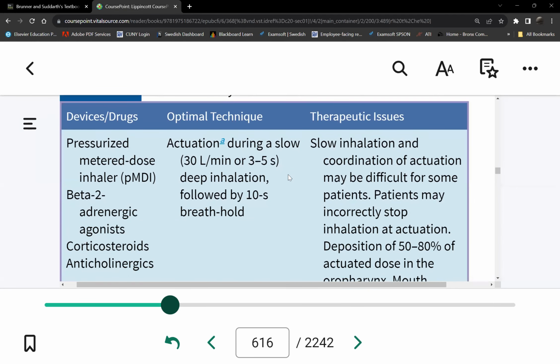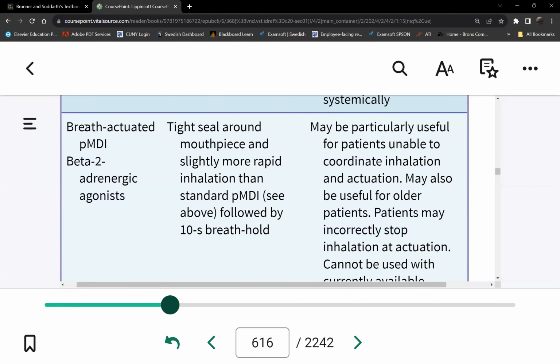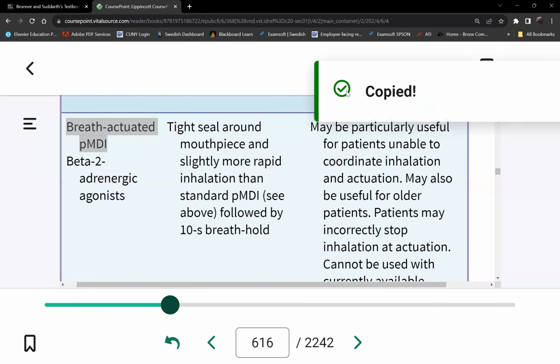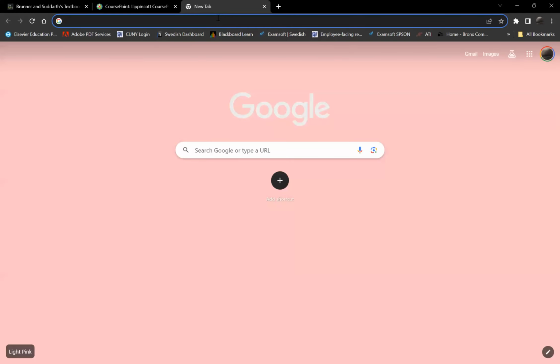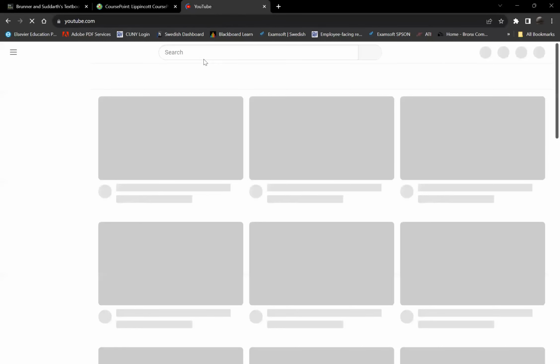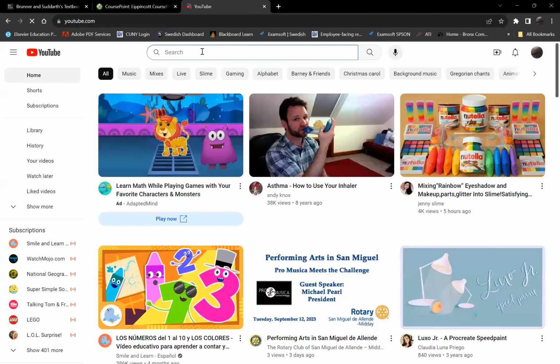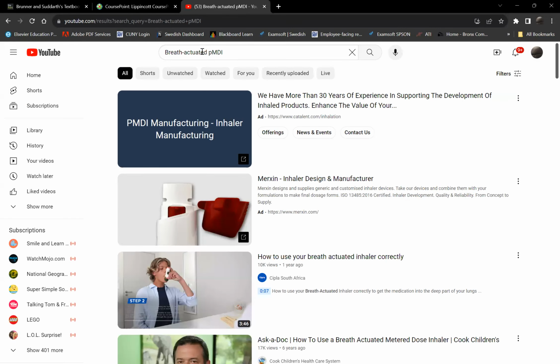There are modern ones now. Let me just show you. I don't know if it will be on the NCLEX, but we have breath-actuated pMDIs now. These are modern high-tech MDIs. They're going to help those patients who have wrong timing.